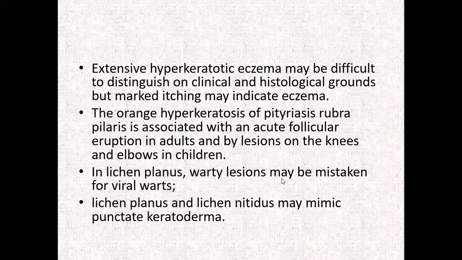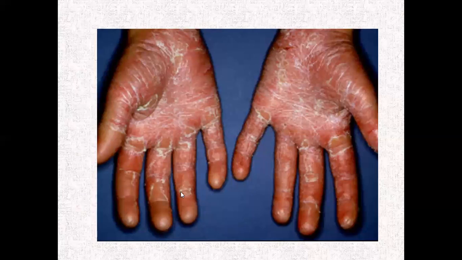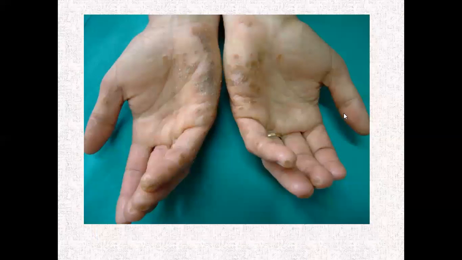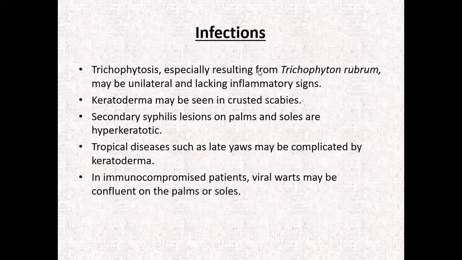In lichen planus, the lesions are punctate and can be mistaken for warts. These are the punctate keratodermas seen in lichen planus, and you can find other lesions of lichen planus on the ankles, on the wrist, and maybe in the oral mucosa.